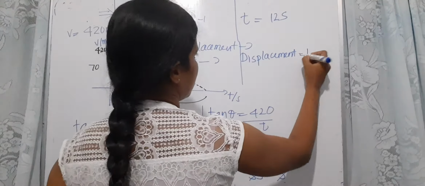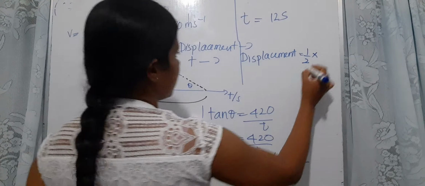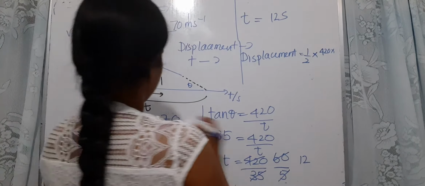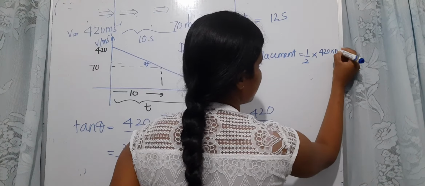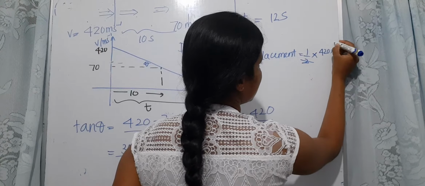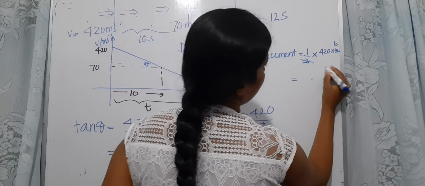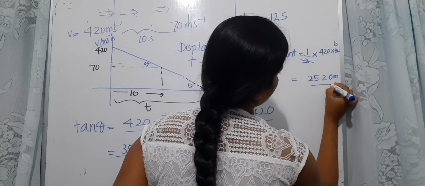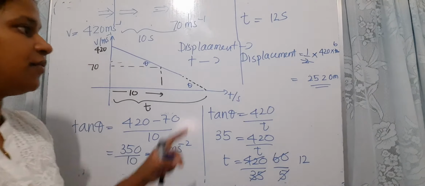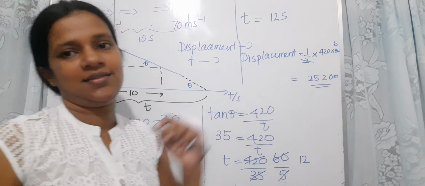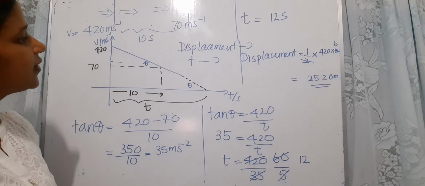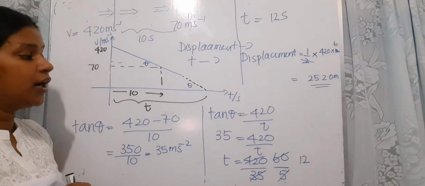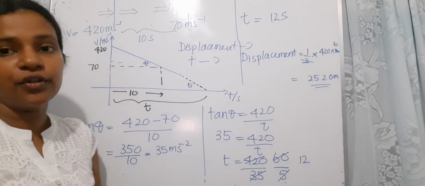This is half into 420 into this time duration is 12. And this is 6. 2520 meters. Right? Now I think it is clear to you. Now I am going to solve the fourth problem.